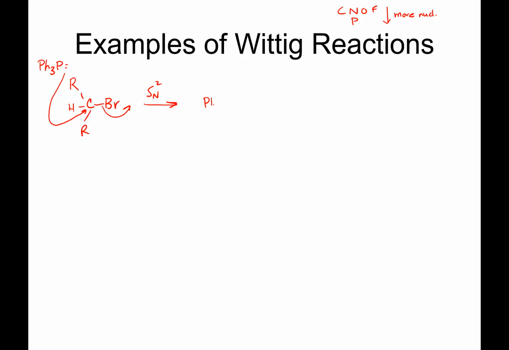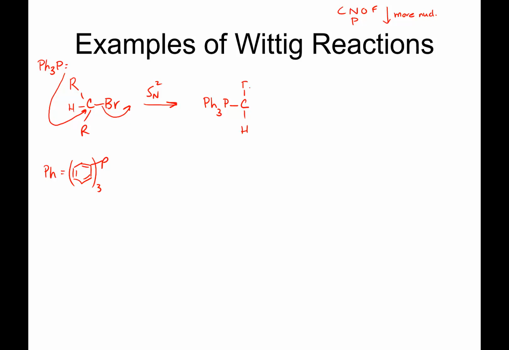So my triphenyl, and the phenyl group is equal just to a benzene ring. So triphenylphosphine is this, with 3 benzene rings attached to the phosphorus. So my phosphorus comes in, adds to the carbon. There is a hydrogen.